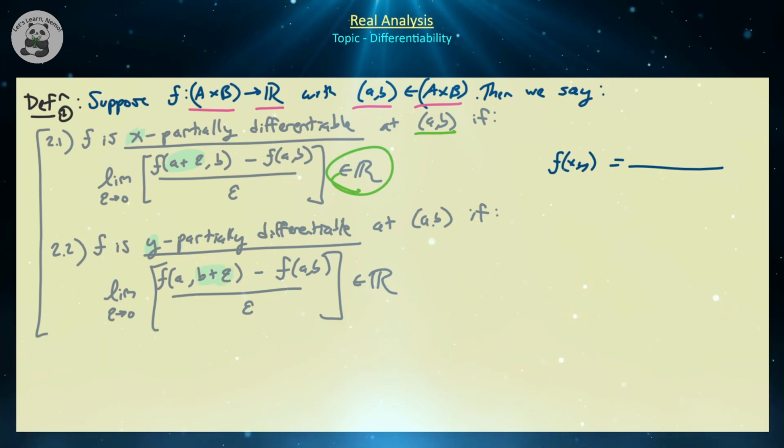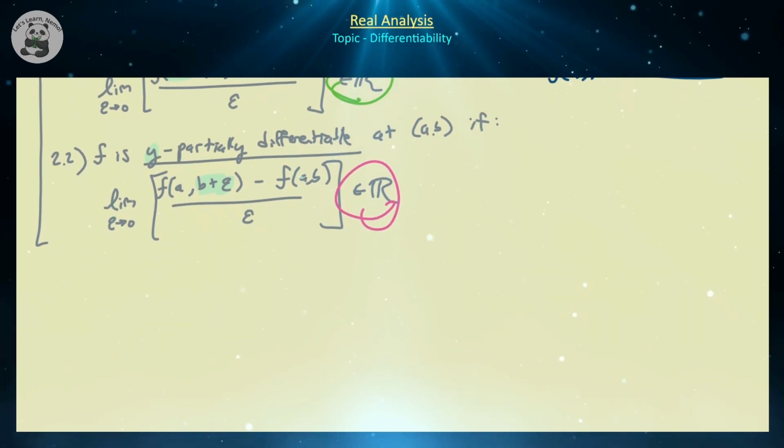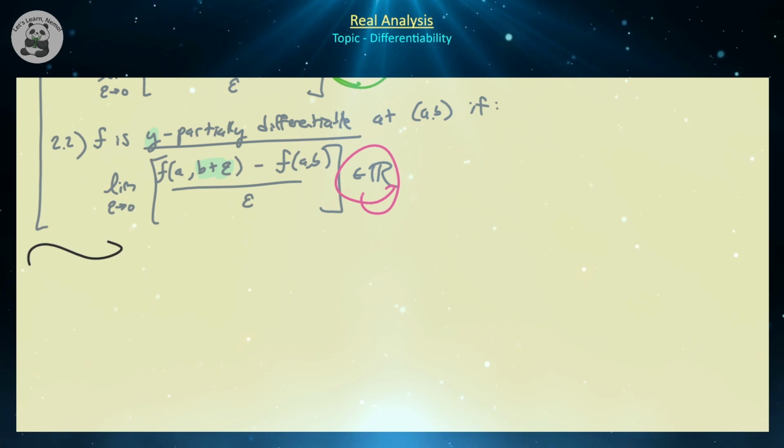So notice that we're focusing on the second element of its domain only, minus fab over epsilon, exists and also belongs to the set of real numbers. So let's also define the more general term.